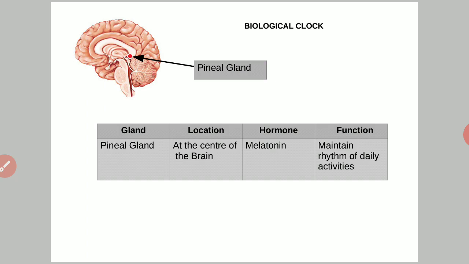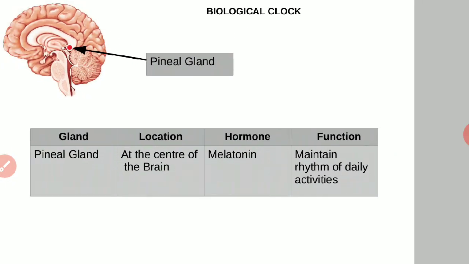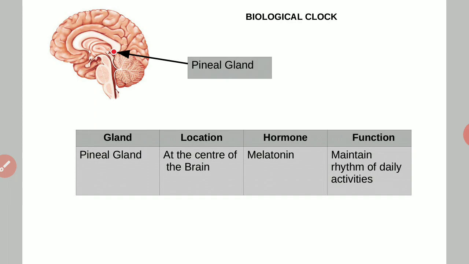Okay, a person is getting up at 5 o'clock. Normally, whether you want to sleep more or not, you will get up at 5. This is a rhythm, and this rhythm is controlled by the pineal gland, and the hormone is melatonin, and this is known as the biological clock also.